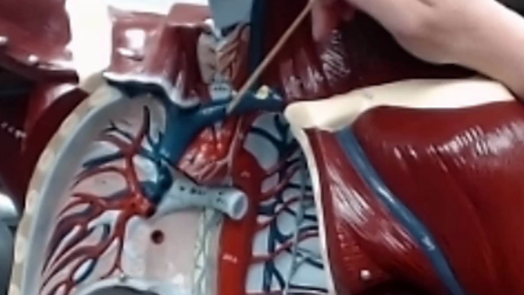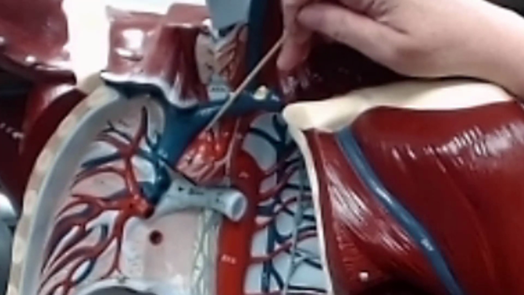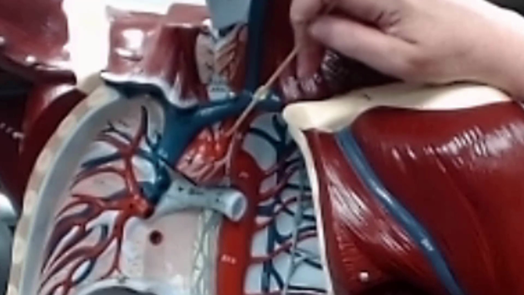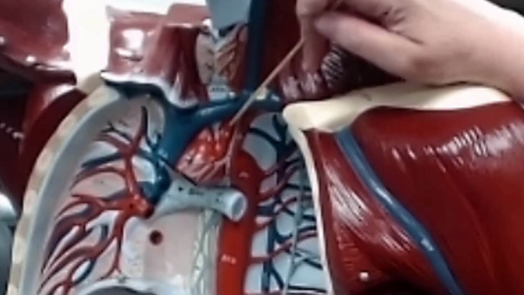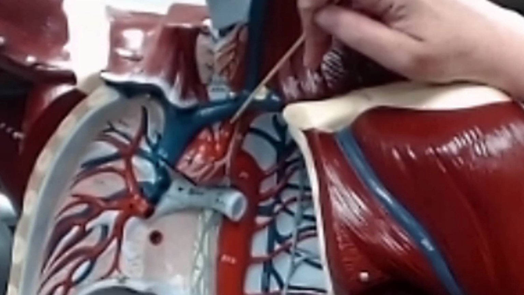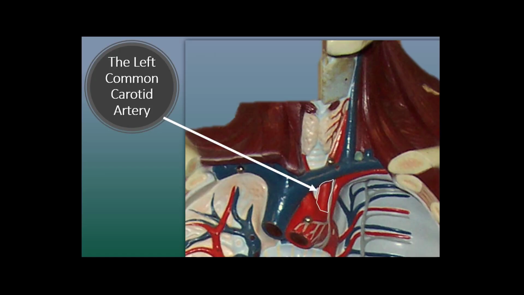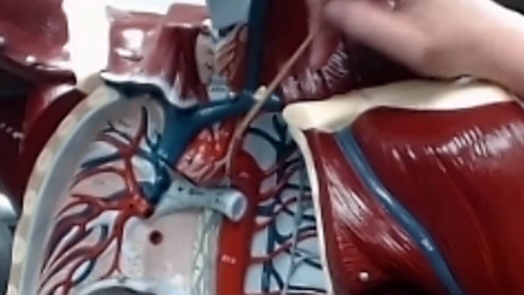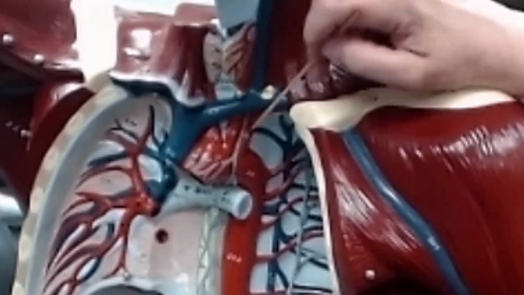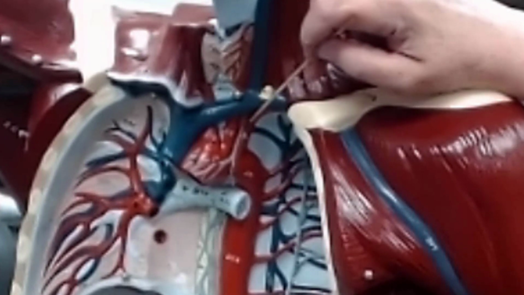The second one is going to be the left common carotid artery. The third one is the left subclavian artery.